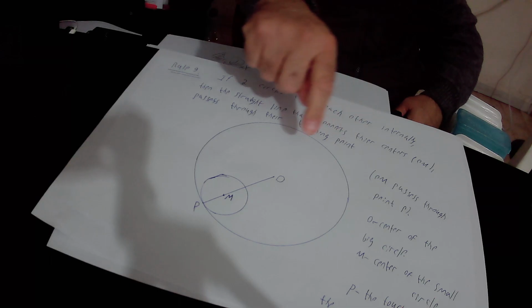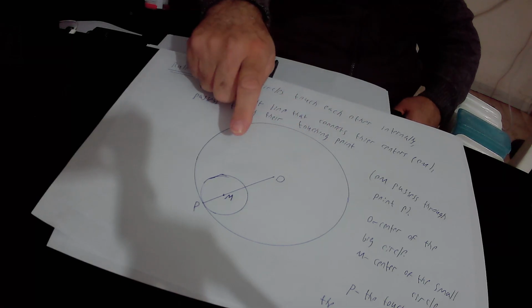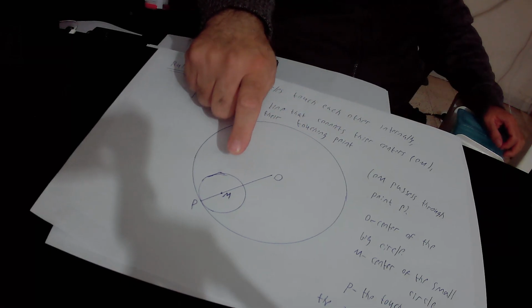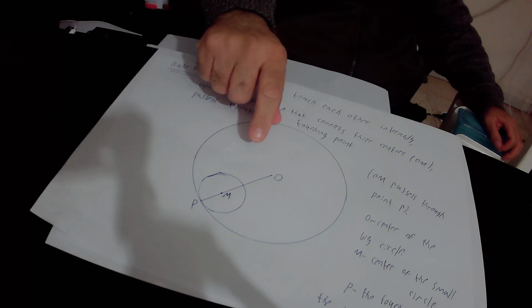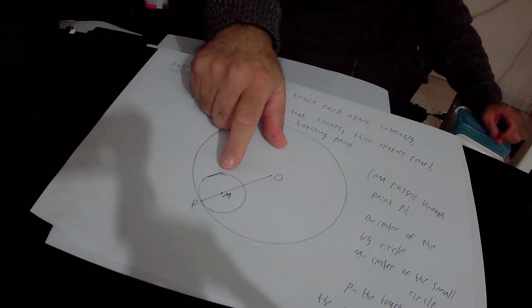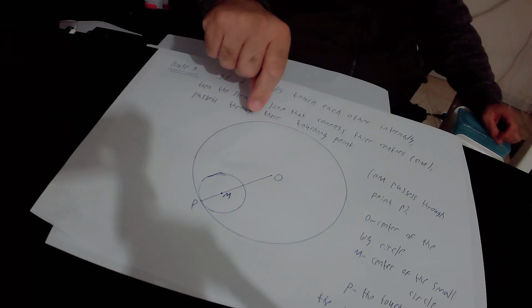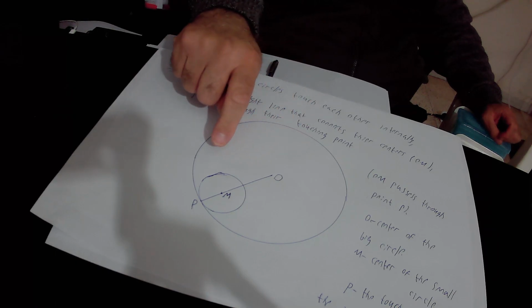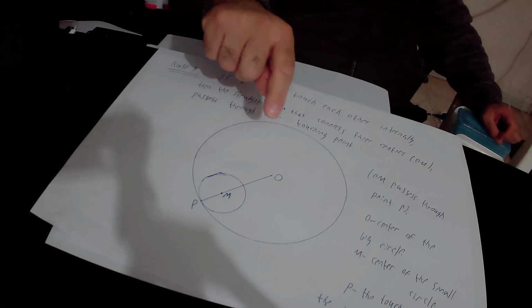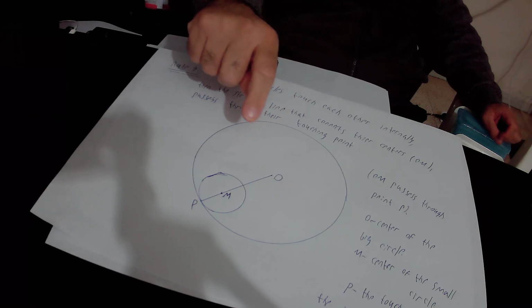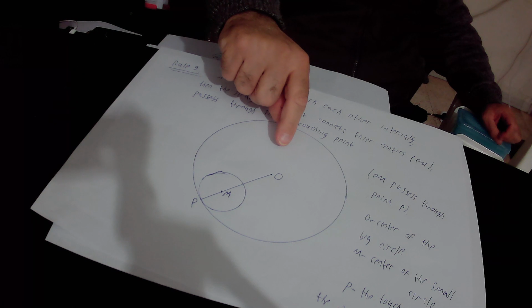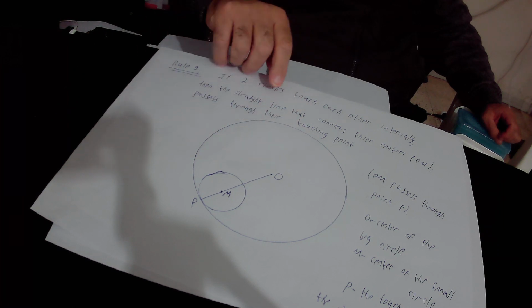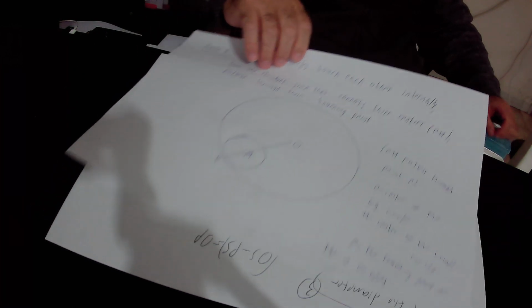The center of the biggest circle is here at point O, the center of the small circle is here at point M, and the straight line that connects their centers is the straight line OM. According to rule number 9, the straight line OM must pass through point S. That is to say, OMS is one straight line. The straight line OM must pass through point P. That is to say, OMP is one straight line.